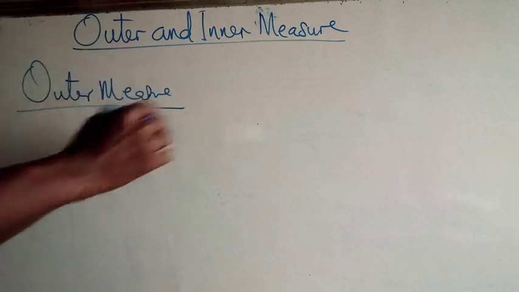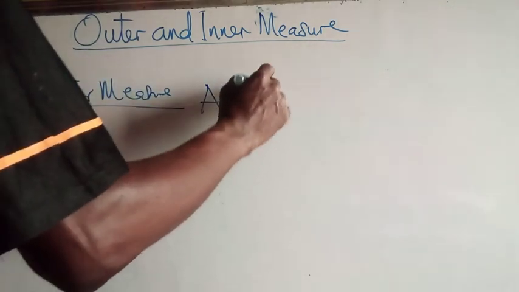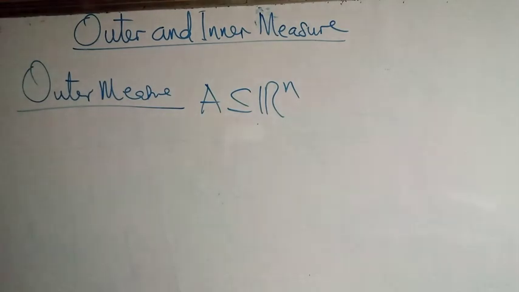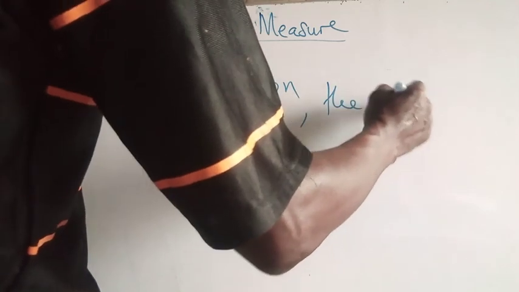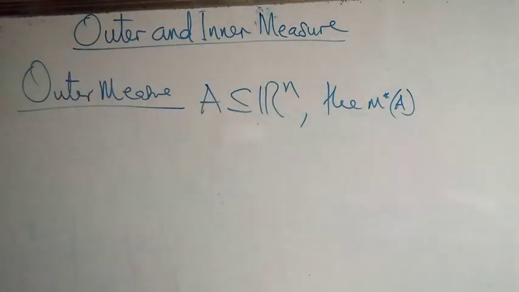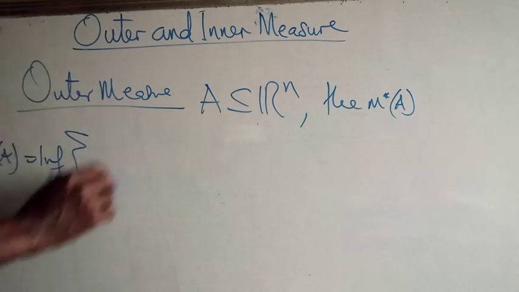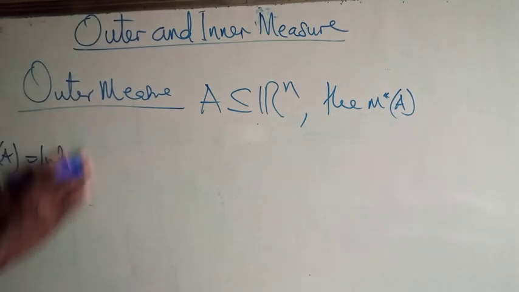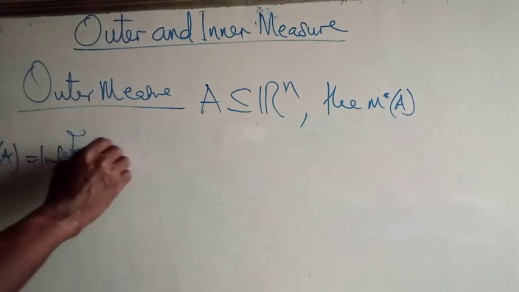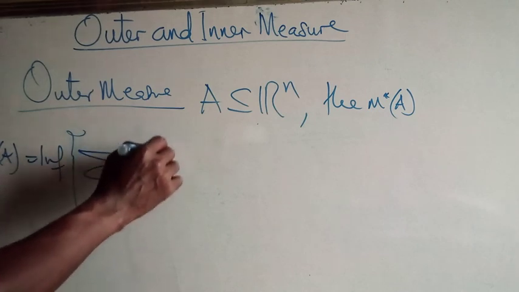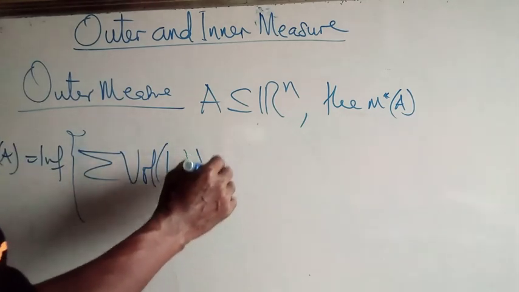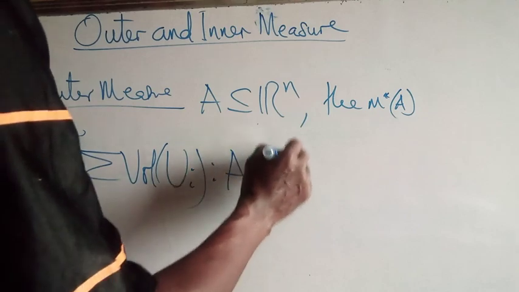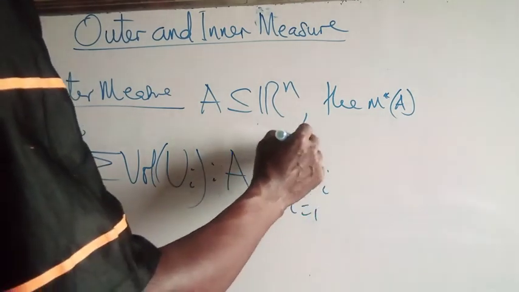So, for example, we have a set A, which is a subset of n-dimensional Euclidean space. And the outer measure, which is denoted by this symbolic representation, is written as taking the infimum of the total measure of the cover, where the cover is U_i with i moving from 1 to infinity, such that A is a subset of the union of the U_i.